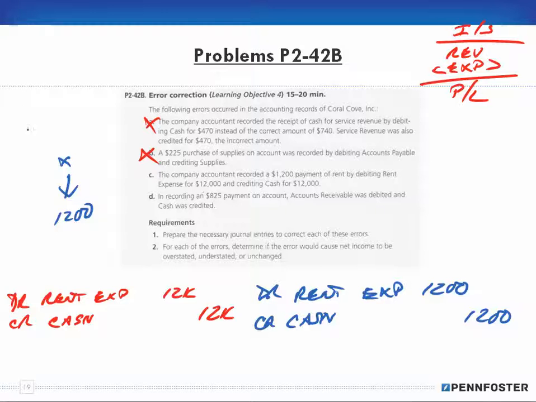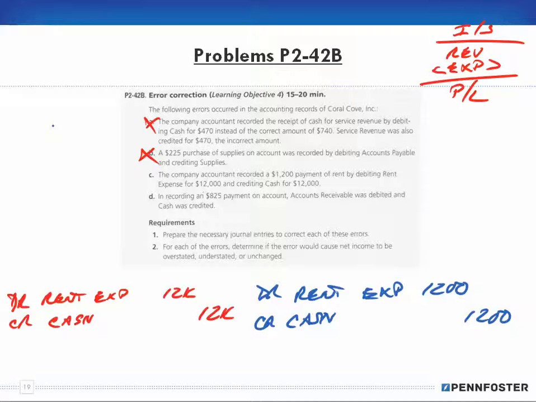The only thing that's wrong is we used the wrong amounts. So if we credited cash for $12,000 and it's supposed to be $1,200, the difference between the two is $10,800. But now here's the thing. Let me erase this and put this visually.